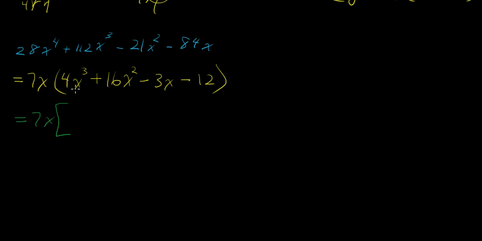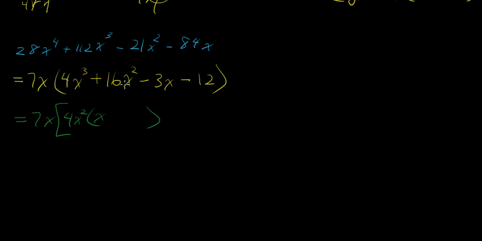and I'm going to take these first two terms, just like we always do with factoring by grouping. And I think, what can I pull out of both 4 and 16? Well, I can take 4 out of 4. What can I take out of x cubed and x squared? X squared. Put a parenthesis. What's 4x cubed divided by 4x squared? That's x. And try it. Does 4x squared times x equal 4x cubed? And it does.